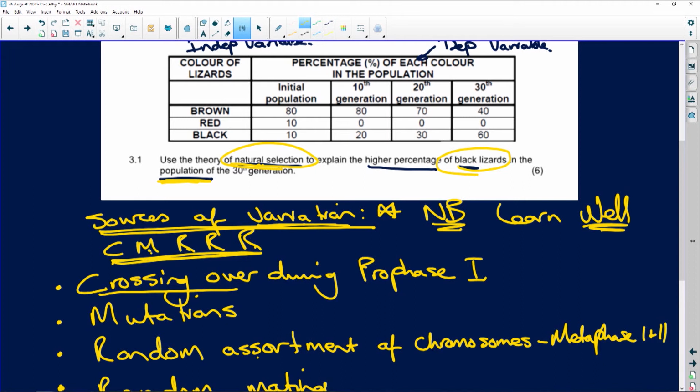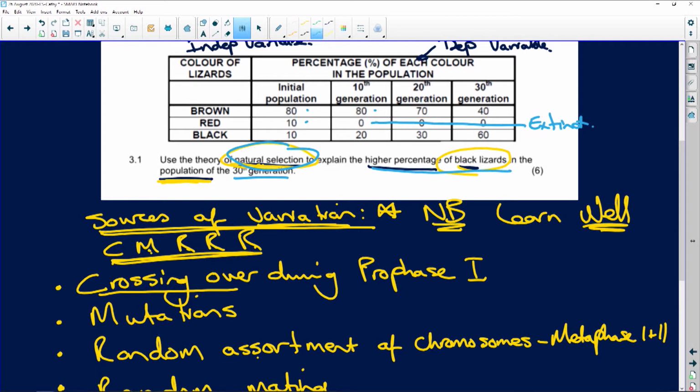It says here we're going to use natural selection to explain the higher percentage of black lizards in the population after the 30th generation. Now look here. Brown goes 80% and then 80%, and the red here make up the other 10. But by this 10th generation, the red guys are extinct. They just didn't make it.